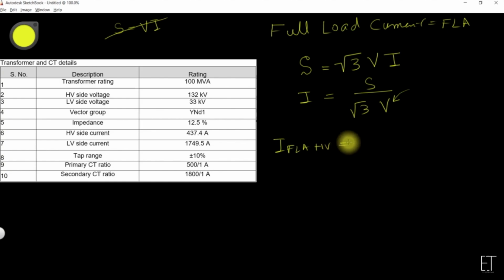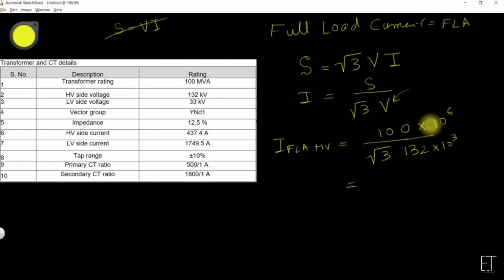I will calculate I FLA HV first. It will be equal to 100 divided by root 3 into 132. I will write 10 power 3 and here 10 power 6.